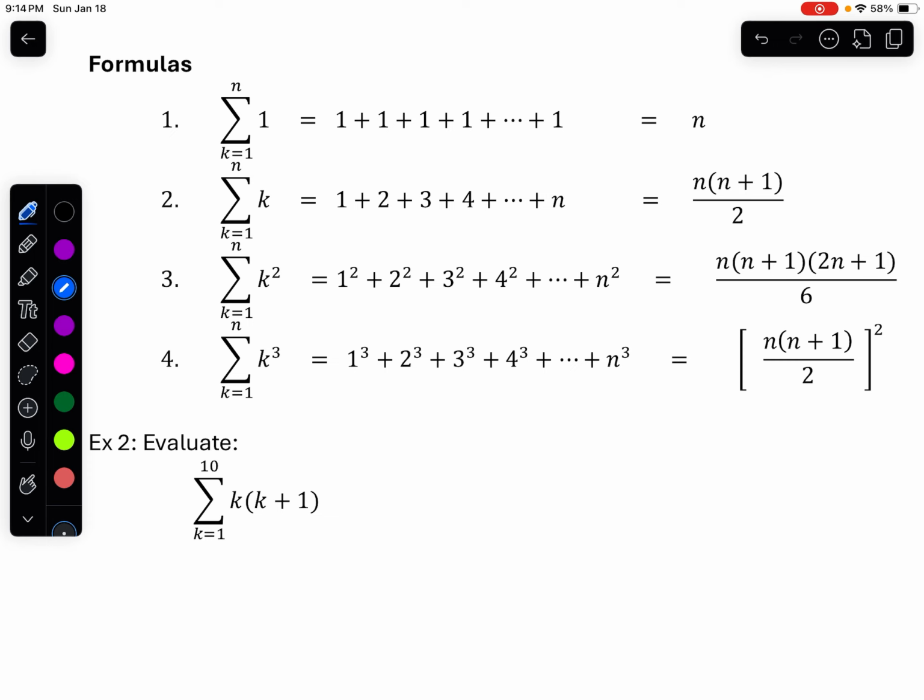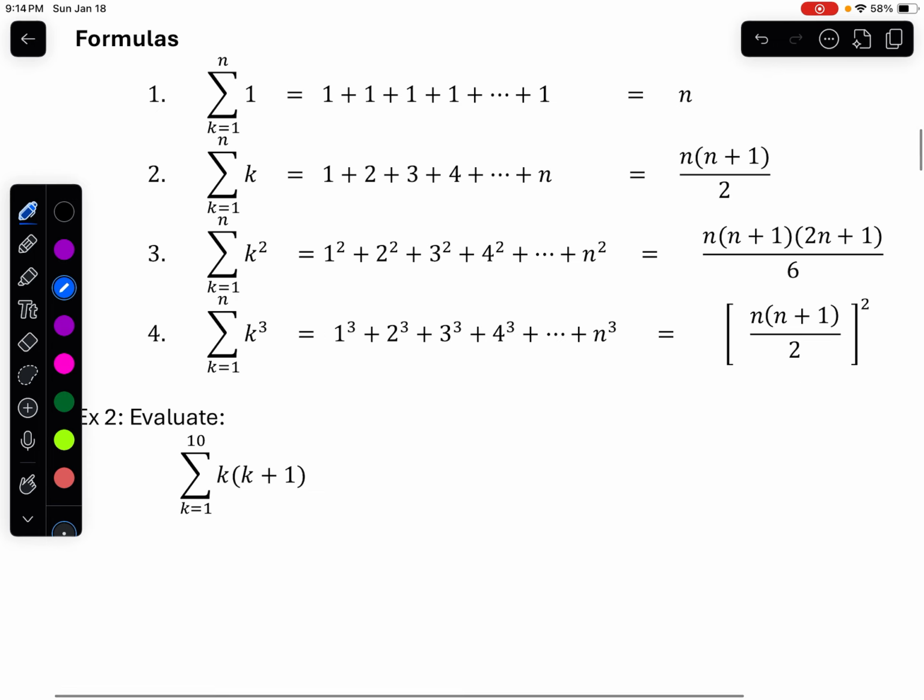So we will write 1 how many times? n times. So 1 plus 1 plus 1 plus 1 and so on n times will be equal to n. So summation of 1, k equal to 1 to n, will be n.